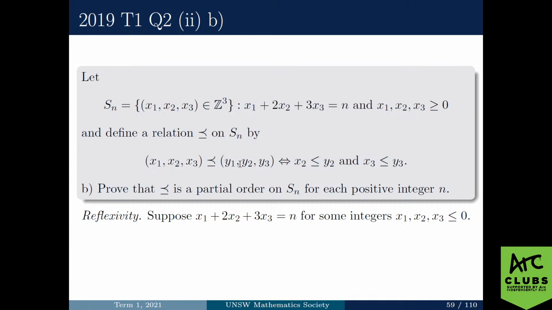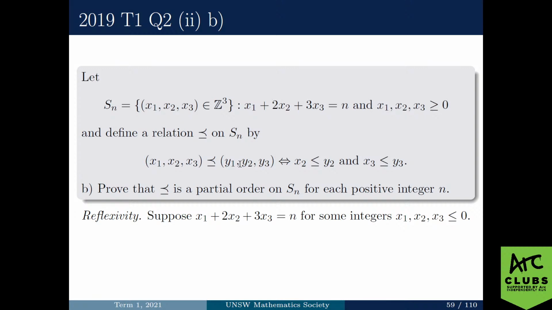Okay? So now let's get on to proving that this is a partial order. Can you guys tell me what I need to prove in order to prove that this is a partial order? Antisymmetry, transitivity, and reflexivity. Yeah, so it's almost the same thing as proving an equivalence relation.